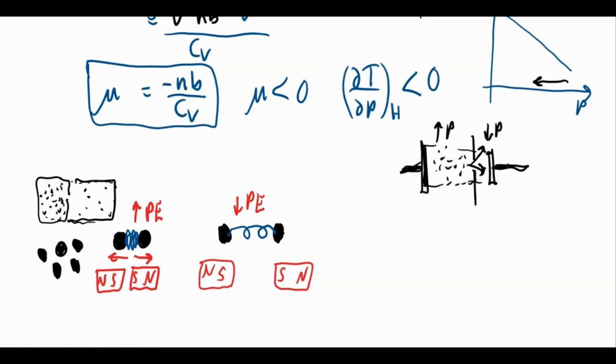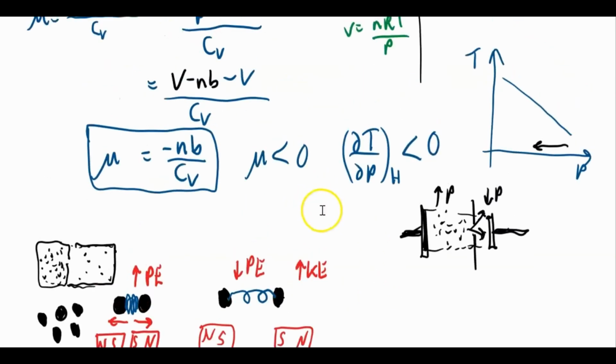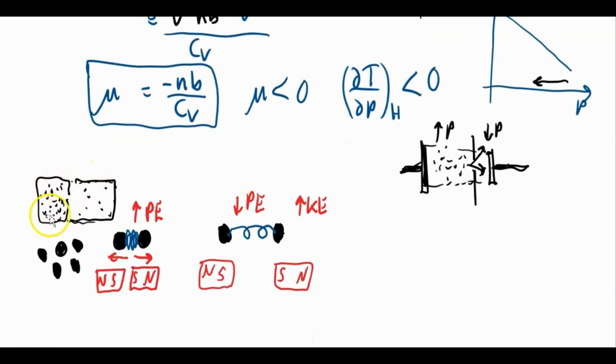If they move faster, then their average kinetic energy is going to increase, and average kinetic energy is related to temperature. So in this case, with this real gas in which size is significant, it's highly compressed, and we see an increase in temperature when it undergoes the Joule-Thomson expansion.